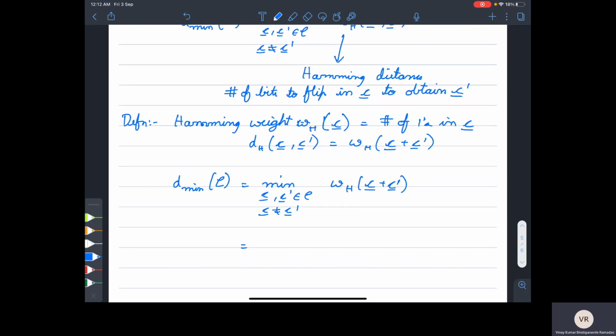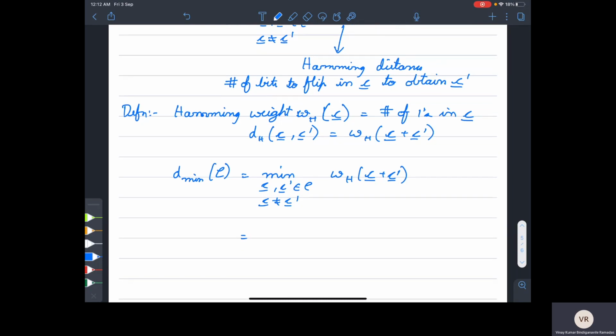Also, since it is a linear code, C plus C prime is some other code word within the code book C. Hence, this can be written as the minimum Hamming weight of some code word C, where C is not equal to the 0 vector.